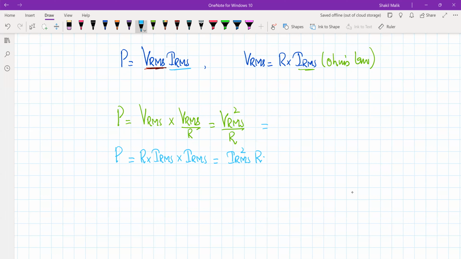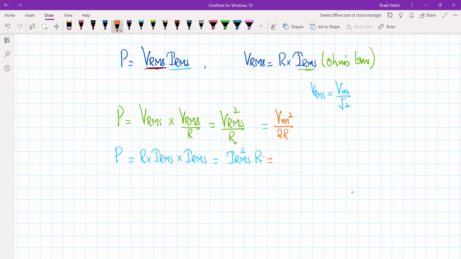Vrms in terms of the maximum or peak value is simply Vm divided by root 2. If you substitute it back here, we get simply Vm square divided by 2R.